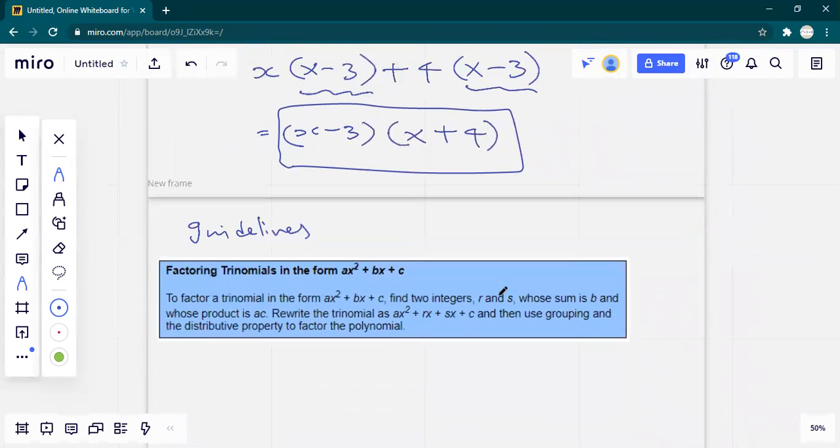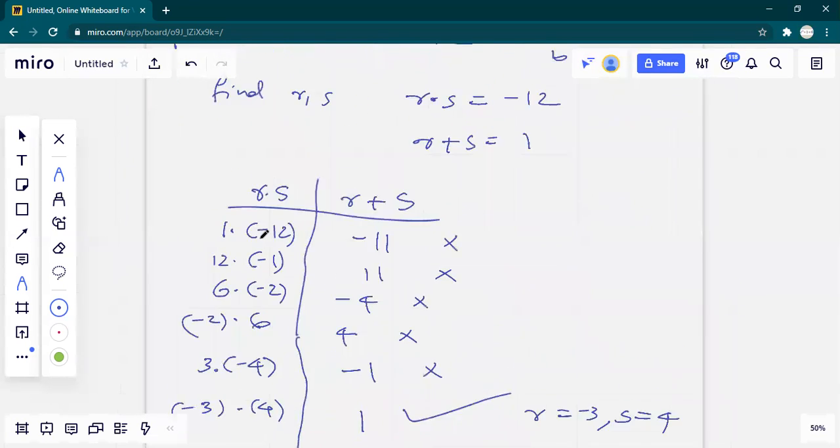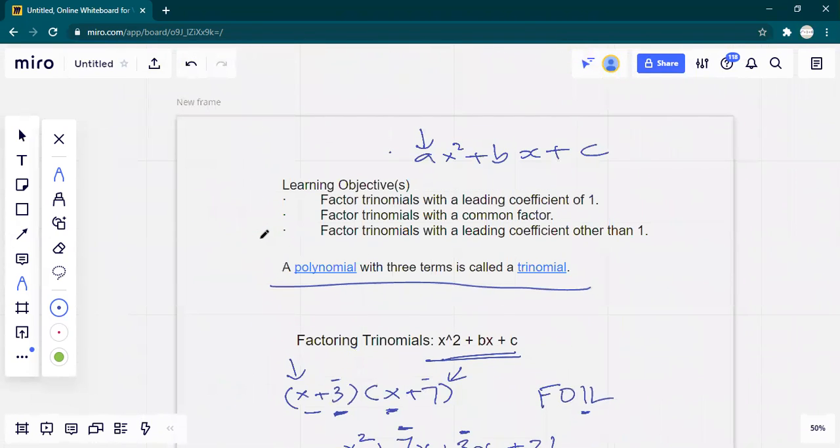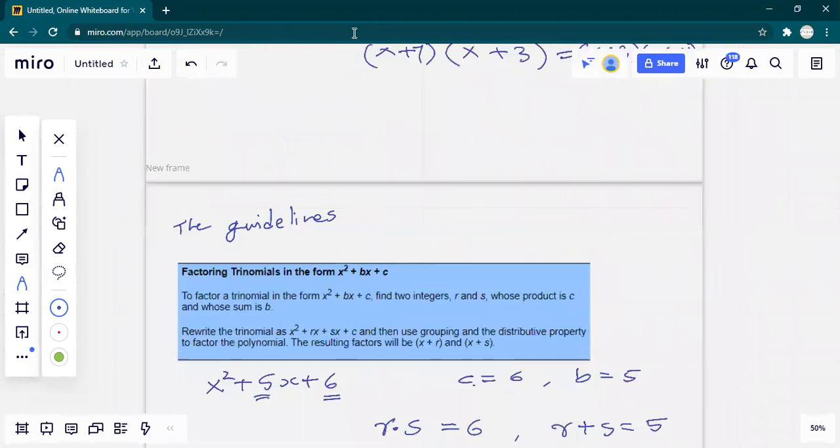Okay, so next is the second case. Yeah, the second case is factor trinomials with a common factor. Okay, so that is when a is not equal to 1.